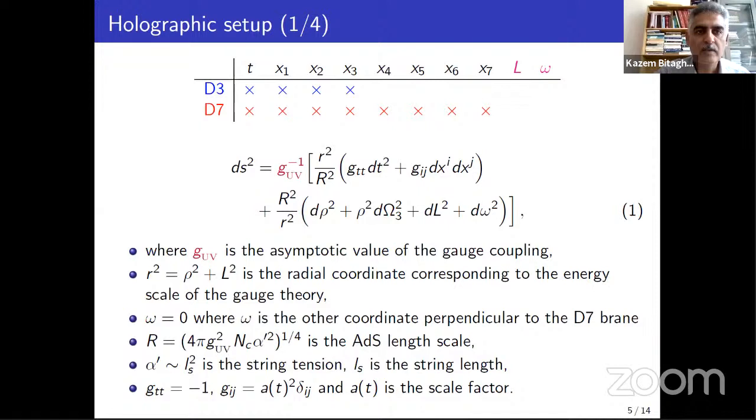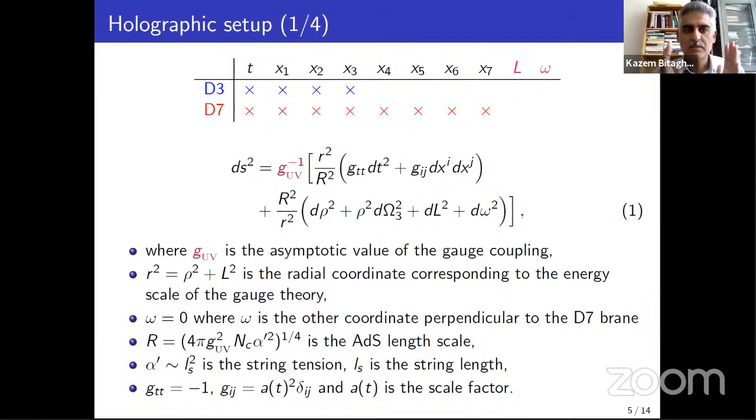Now I explain the geometry. We have a stack of D3 branes. Here you see 10 dimensions of space-time. D3 runs over time and the x1, x2 and x3 directions, and you embed a D7 brane in this background. Here L and omega are perpendicular to both D3 and D7.